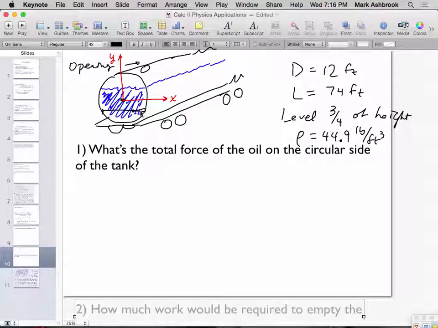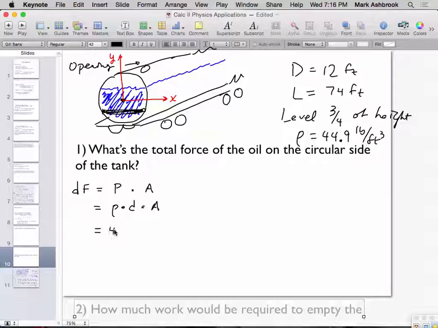So for the pressure one, again, we're going to do our little strip there, right? Okay, so a little bit of force is going to be pressure times area. And the pressure is rho times d times the area. So what's our rho?